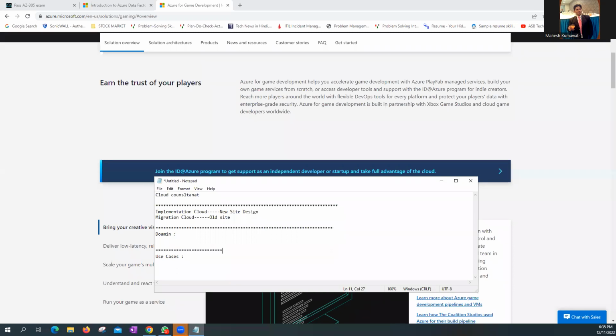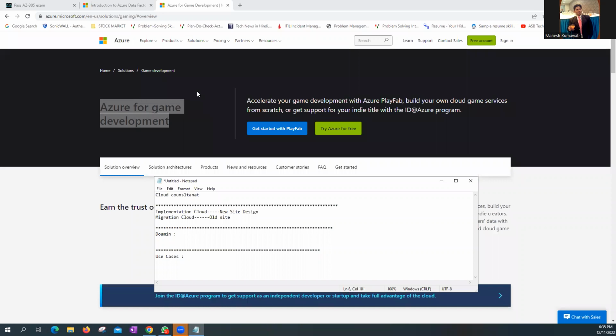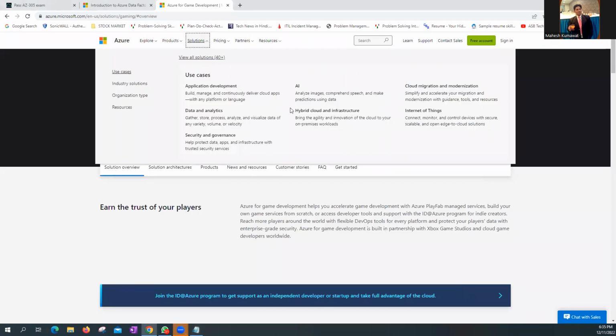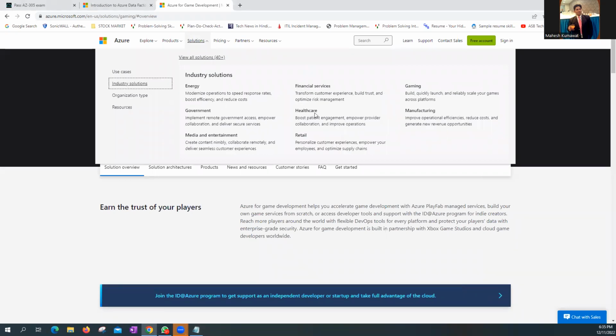Try to understand what domain you are working in. Like I'm talking about healthcare, we have different industries; going here, we have industry solutions: energy, retail, gaming, and different industries.